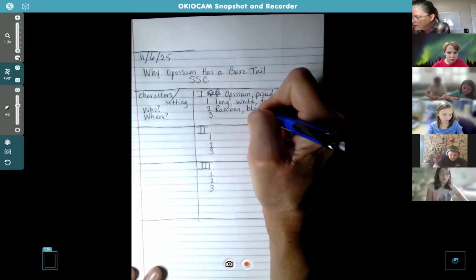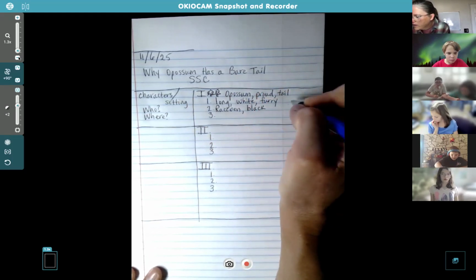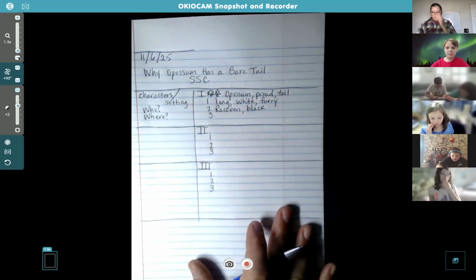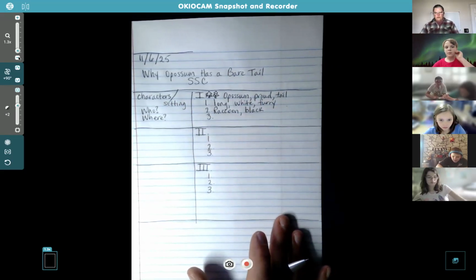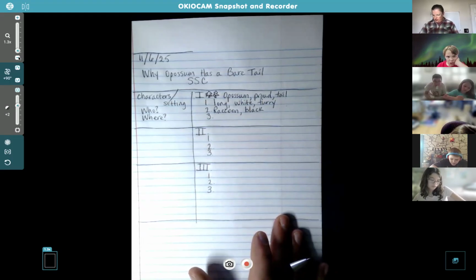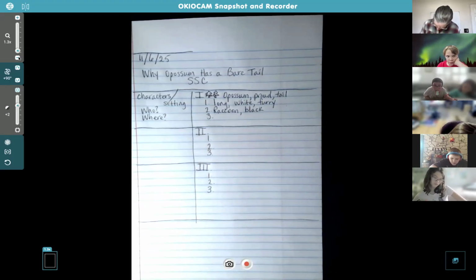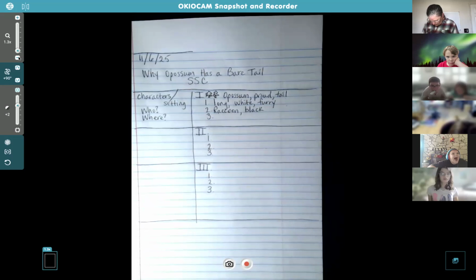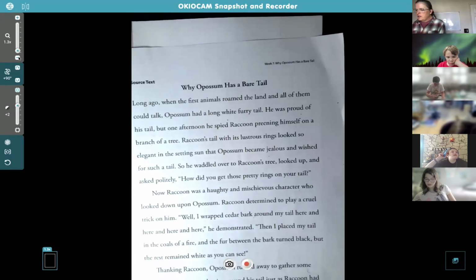What if we put the word black and then put a little circle for rings? We could. A little circle for rings. Oh, yeah, that's a good idea, because there was another word that described what it looks like. There's two words that describe what it looks like. I know it's black and rings, but what are some other words to describe the tail? I'm looking at the first paragraph.